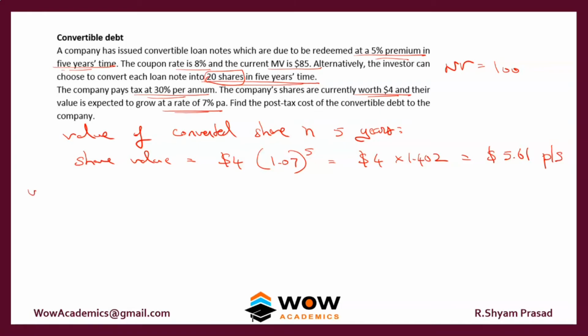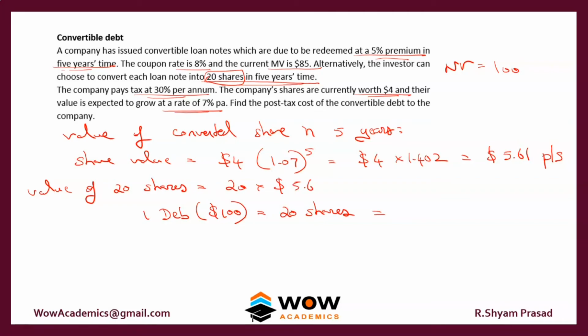We have to get the value of 20 shares, because that's how one debenture of $100 will be converted into 20 shares. So 20 shares into 5.61 equals to 112. Okay, so the share value is 112.